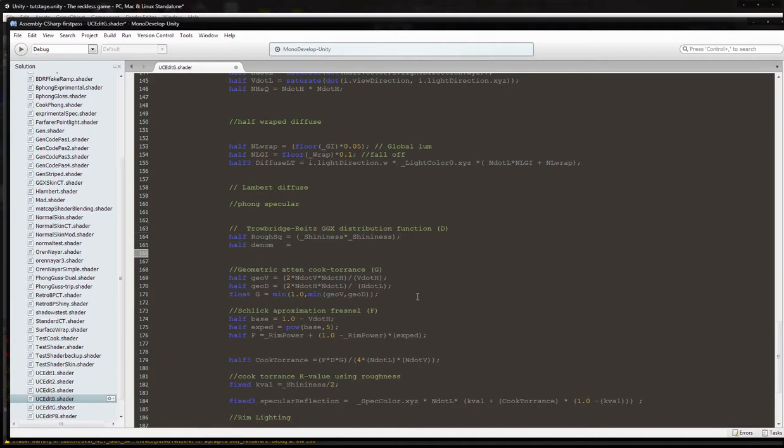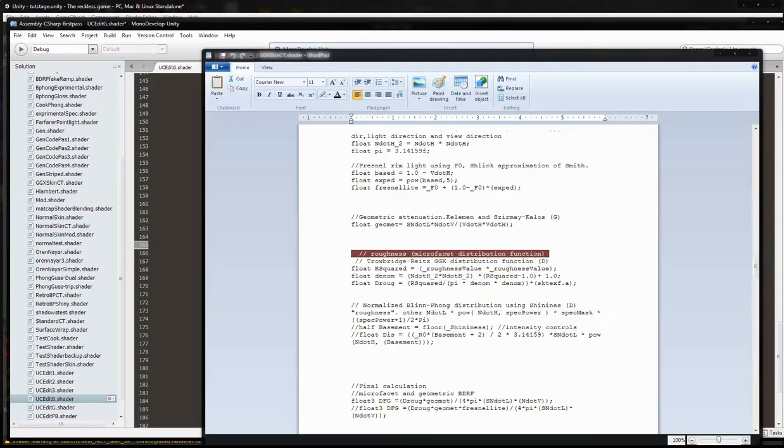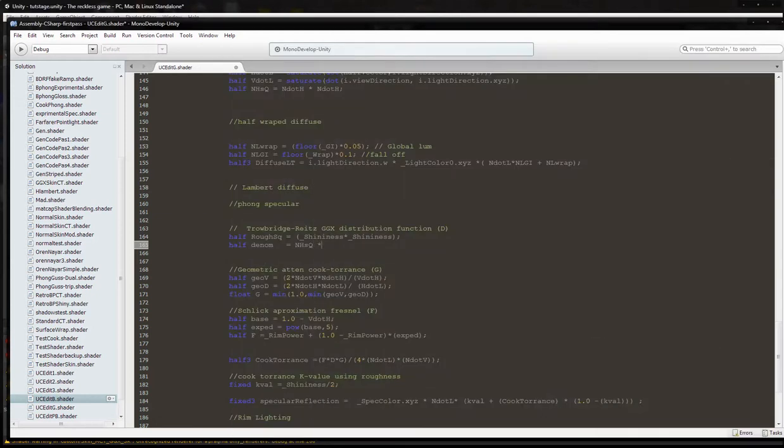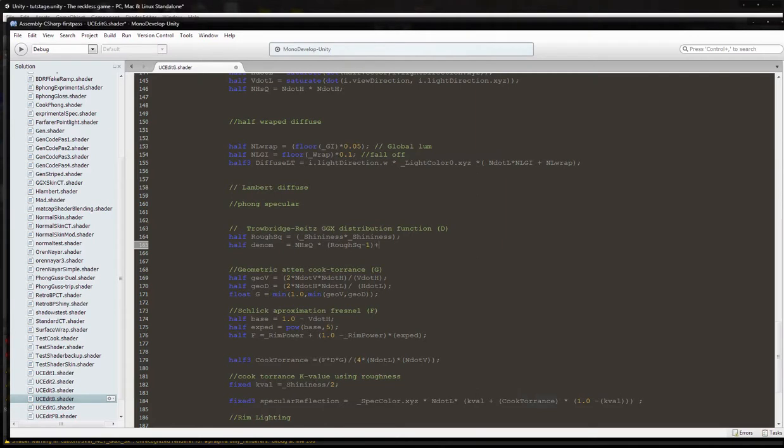It should be just equal to n dot h squared, and I think it's n dot h squared times roughness squared minus 1. Let me look at that again. Yes, roughness squared minus 1, plus 1.0.